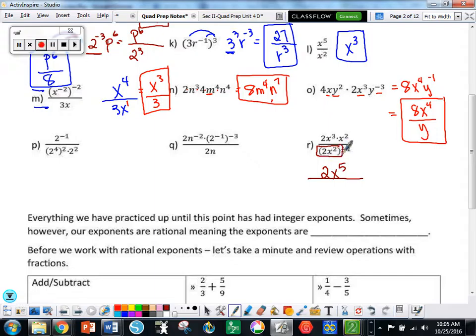This whole thing, because the negative is going to go up top. So 2x squared. Which means there is nothing now on the bottom. 1, but who cares about the 1, right? Nothing's left on bottom. Now, if I'm looking at this, final answer would be what? 2 times 2 is 4. x to the 7th.